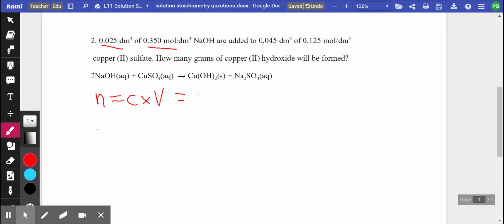Multiplying 3.5 and 0.025, we get the value 0.00875 moles. So concentration times volume. Note that the volume is in decimeters cubed. Often it's given in centimeters cubed, and you must convert it by dividing by 1,000 to decimeters cubed.